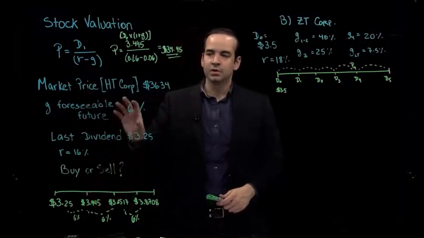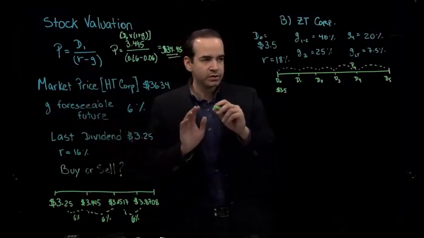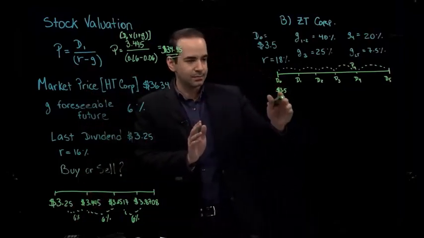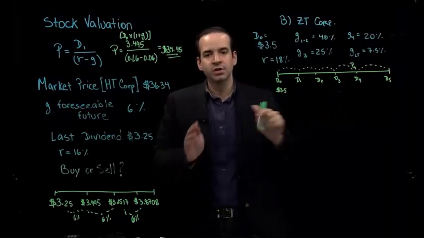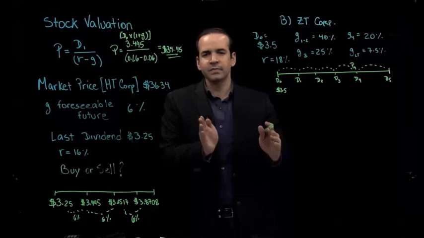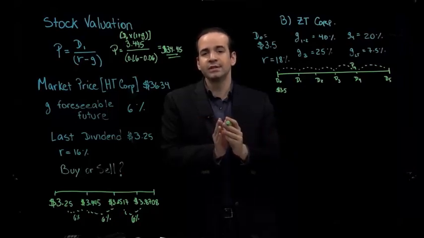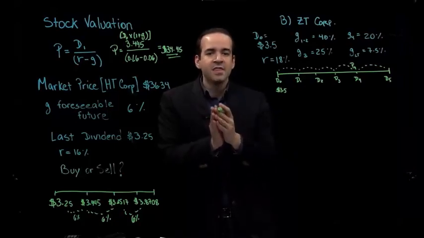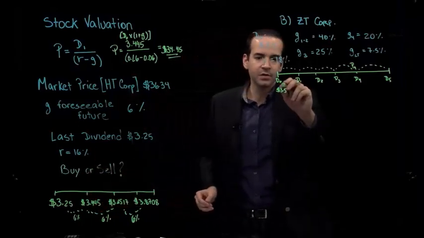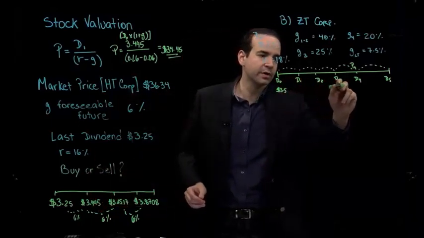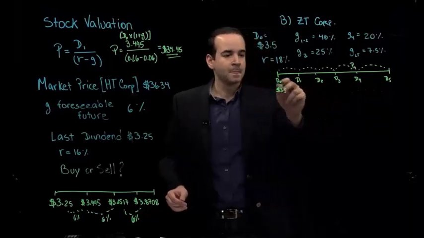So in those cases, we will still forecast a moment in time in which that company will reach such stability. And once that company reaches that stability, then we can assume this model. In other words, we will have year 0, 1, 2, 3, 4, 5.